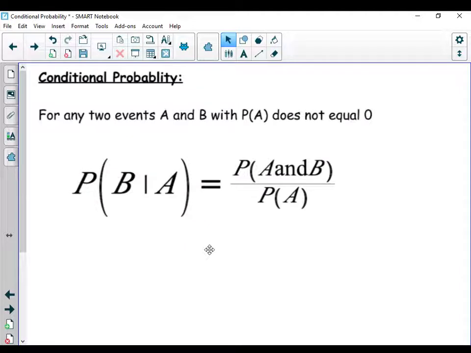A lot of times this can get confusing because a lot of people want to put A first, with the probability of A given B. But it's B given A, and I kind of look at it as the A over here kind of looks like it's in the denominator. It's not, but it makes me think that.